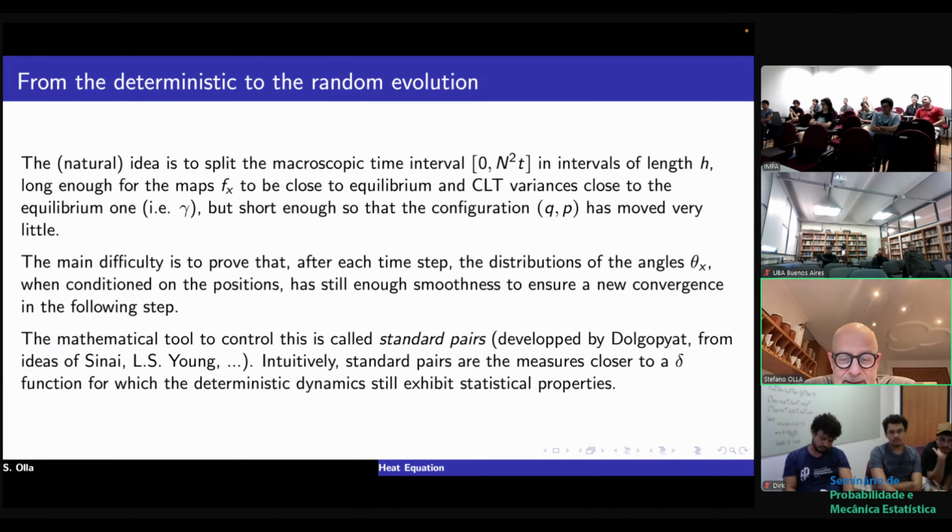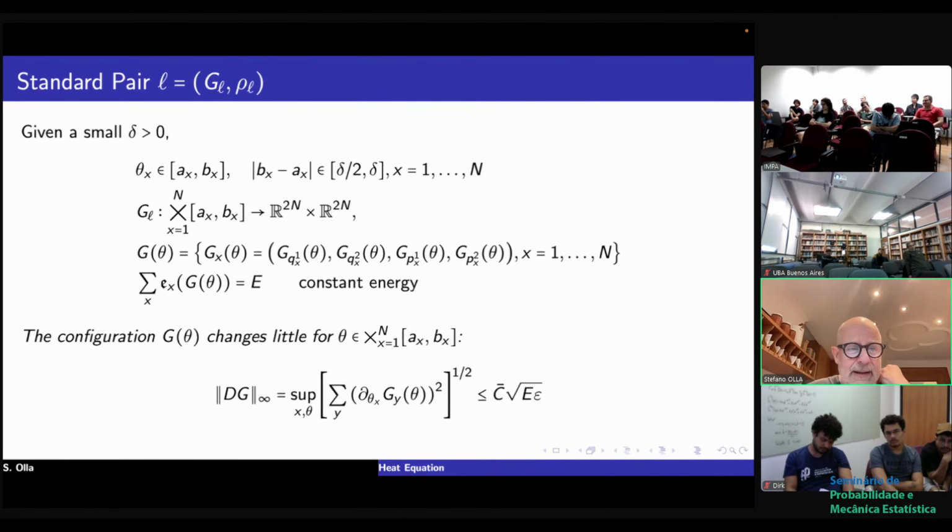Intuitively, standard pairs are measures on the angles that are close to a delta function, for which deterministic dynamics still exhibit statistical properties. Maybe this is slightly technical, the way the standard pairs are constructed.